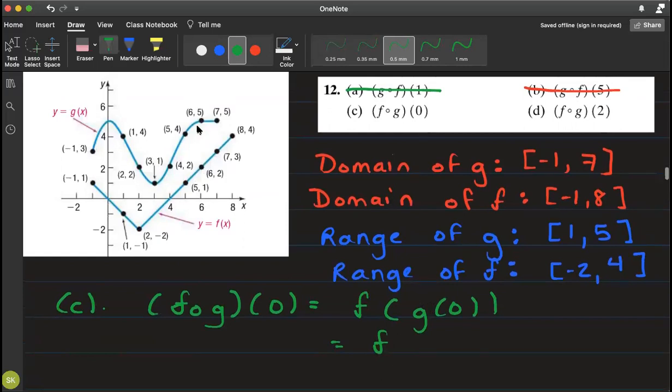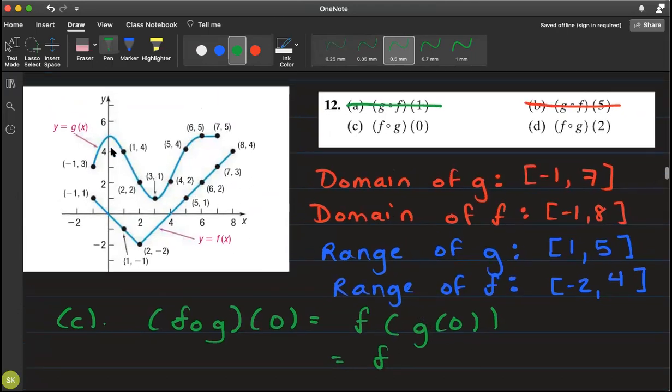Okay, so here's 0. The point's not listed here, but we can guess. So we can say that g of 0 looks like it's about 5. This point looks like (0, 5). So this is f of 5 because 0 is being sent to 5.